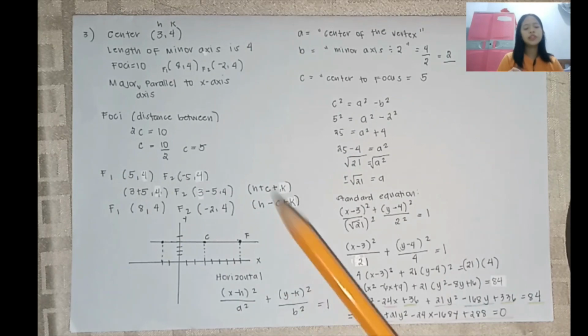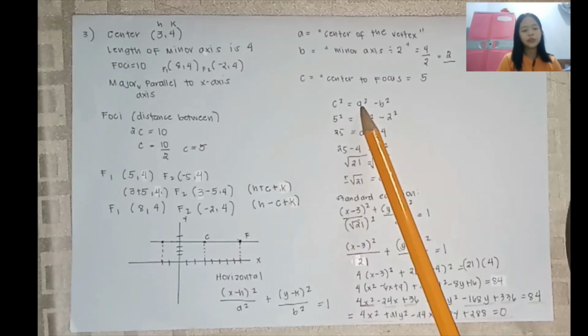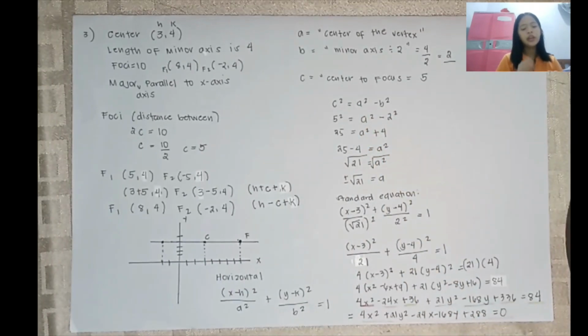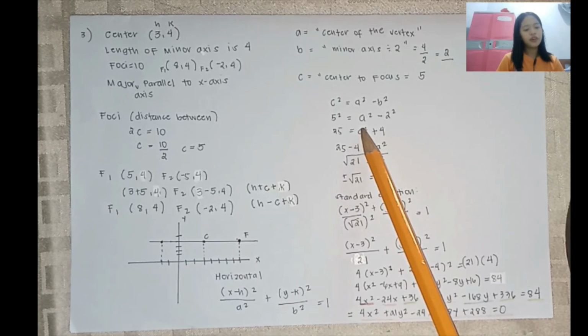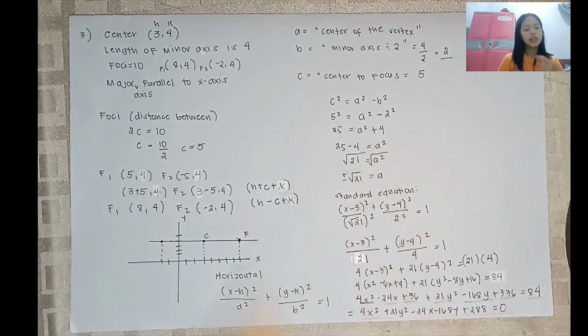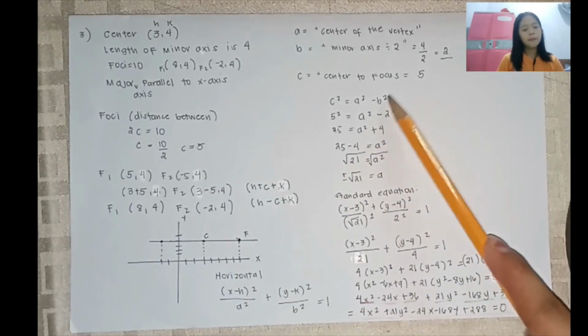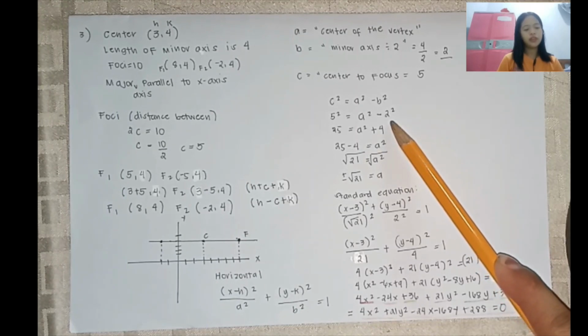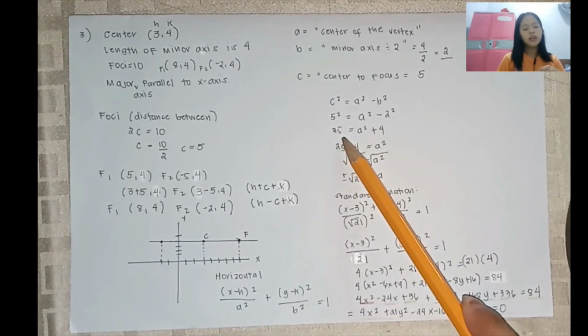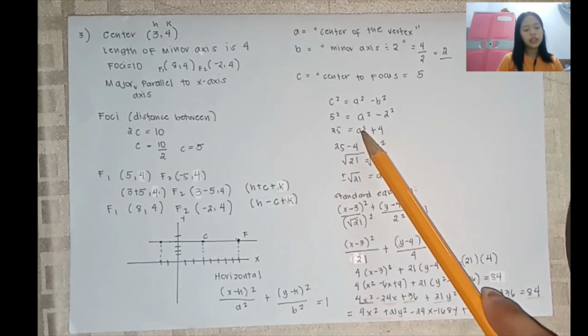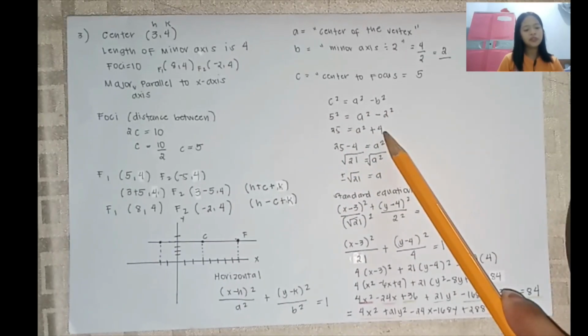Using the formula c squared is equal to a squared minus b squared, c is 5, so 5 squared. We don't have a value for a, so we maintain a squared. The value of b is 2, giving us negative 2 squared. To simplify, 5 squared is 25, bring down a squared, and negative 2 squared gives positive 4.